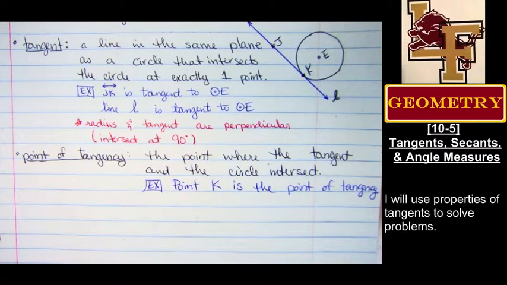Now it's possible for us to have more than one circle graffitied on our bathroom wall, right? And it's possible for all of those circles to all share the same tangent. And when that happens, it's called a common tangent.